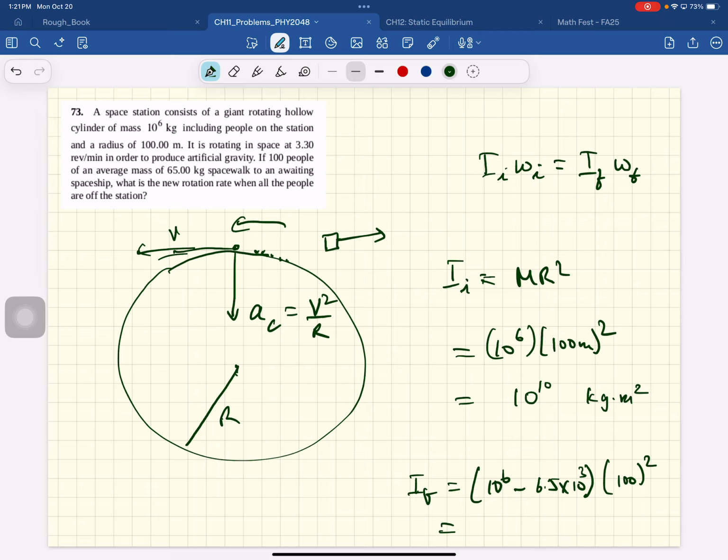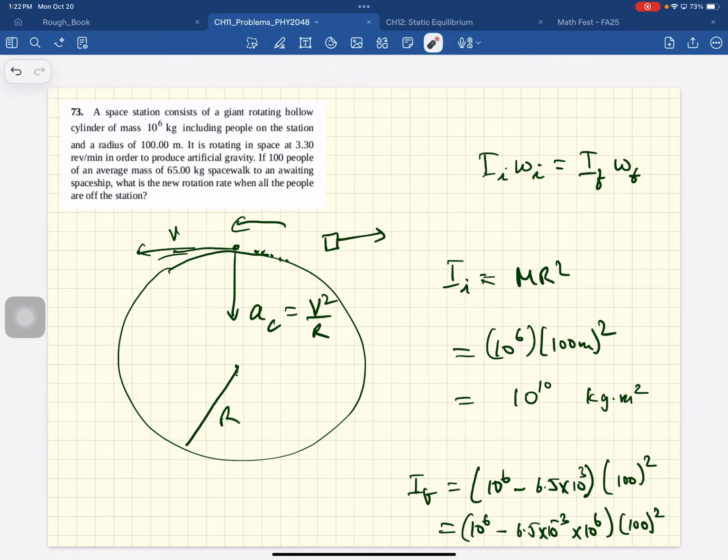We'll write it in terms of 10 to the 6: that's 10 to the 6 minus 6.5 times 10 to the minus 3 times 10 to the 6, times 100 squared. And the reason I wrote it like that is now it's 1 minus 0.0065.